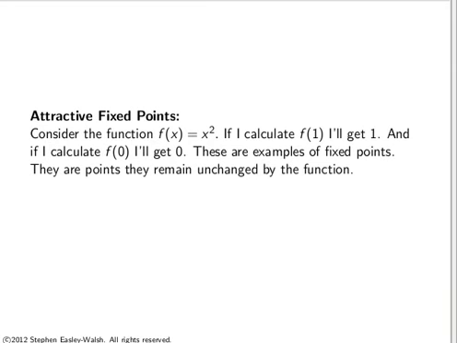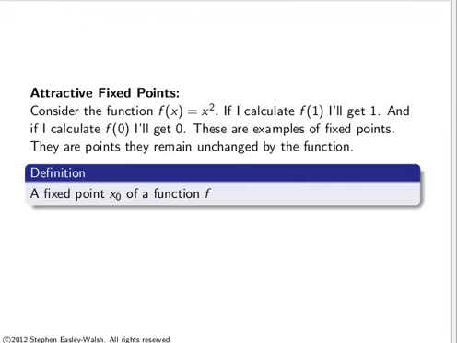Okay, so we'll give it a nice little box. So a fixed point, let's call it x0, of a function f is the point such that f of that point is still the same point.